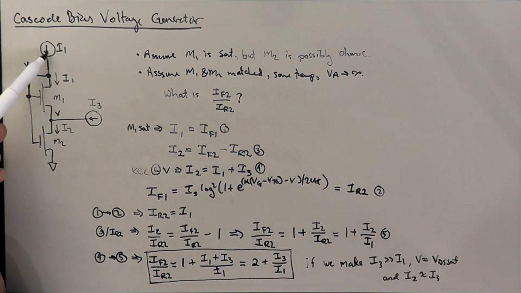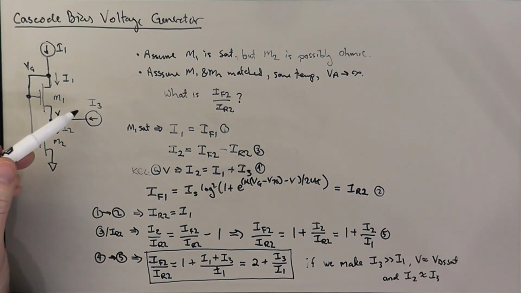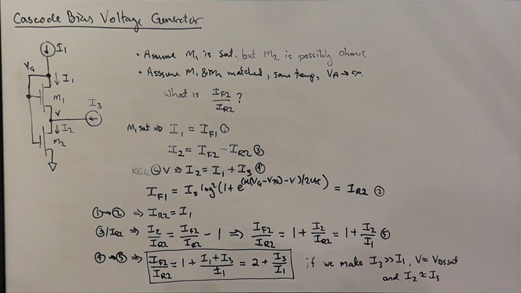So because I1 is much smaller than I3, I2 will be pretty much the same as I3. Okay? So that gives us a way of generating a voltage VDS set above ground. And that's where we would like the node voltage between the transistor that we're cascoding and the transistor that is cascoding it, where we would like that to be optimally.